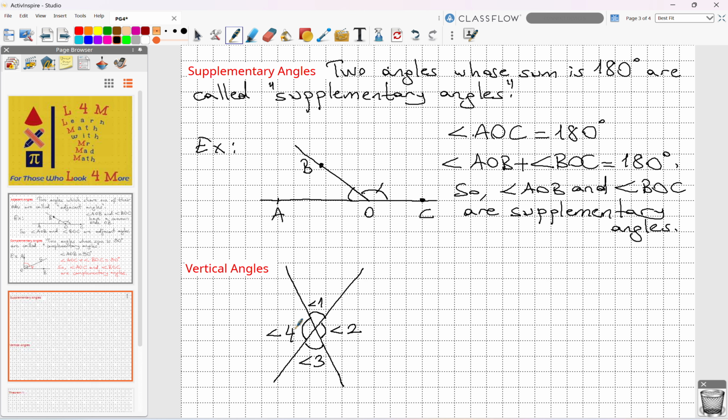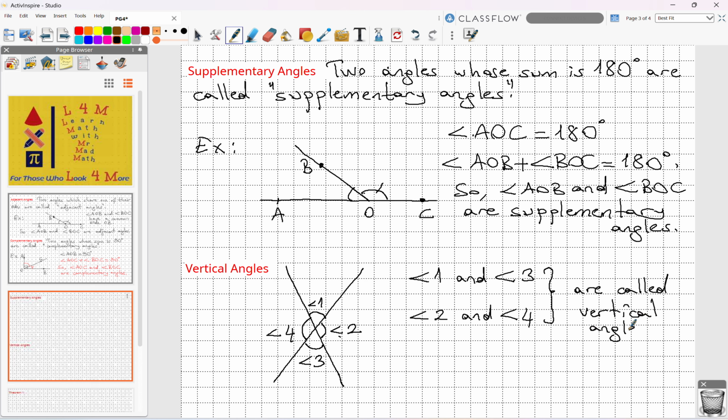About these four angles, look at the opposite ones, angle 1 and angle 3, and similarly this pair, angle 2 and angle 4, which are opposite to each other. These two pairs of angles are called vertical angles.